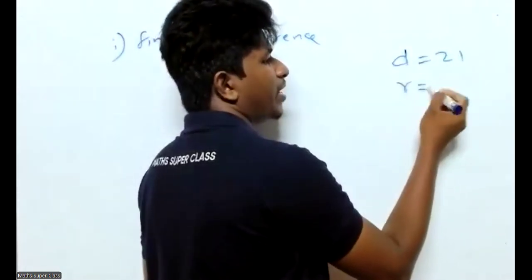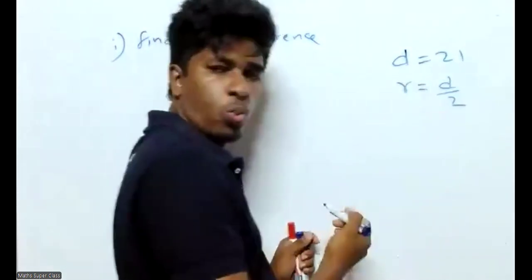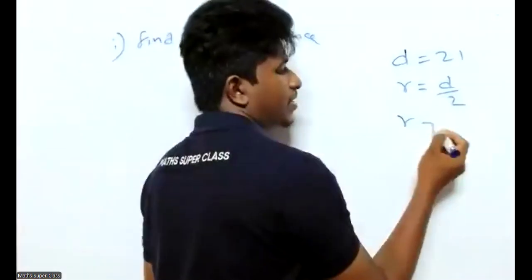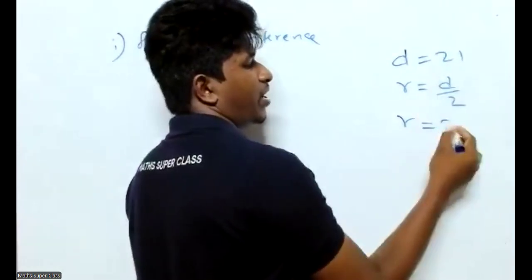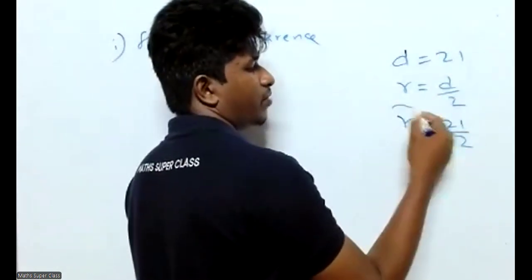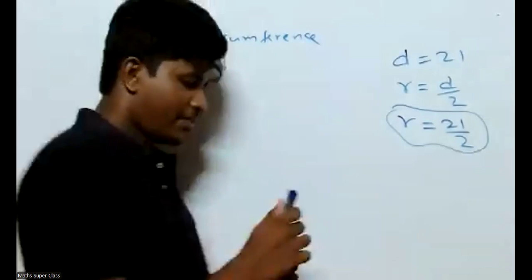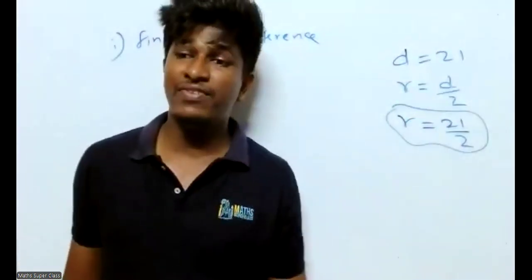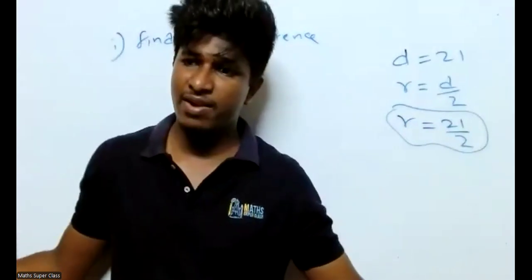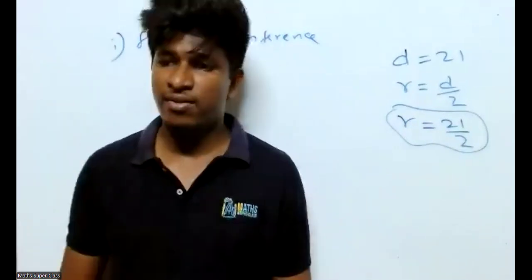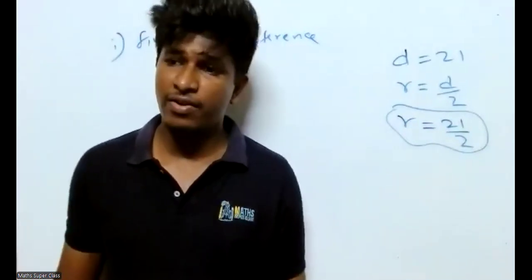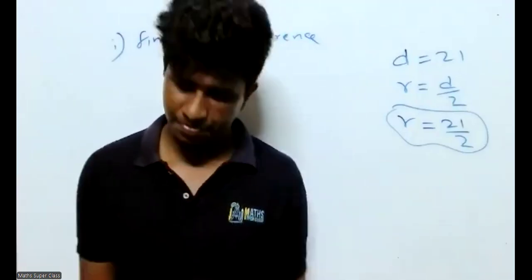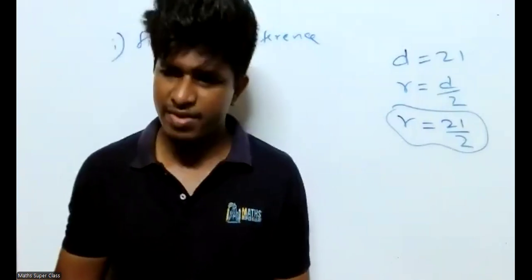So r equals D divided by 2, that is 21 divided by 2. If D is 21, r is 21 divided by 2. If D is 10, r is 10 divided by 2. If D is 25, r is 25 divided by 2. If D is 35, r equals 35 divided by 2.